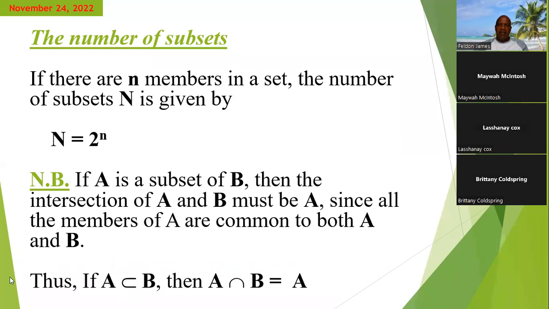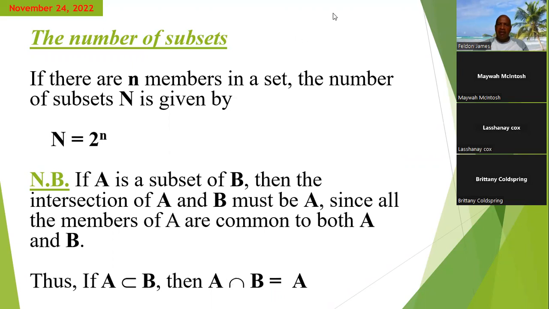All right. So this is a statement. What this statement is saying is that we can relate subset to intersection of sets. Now, we have not yet looked at intersection of sets, but what intersection of sets means is that those members that are common to both sets would be in the intersection.